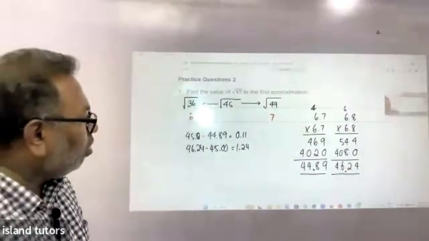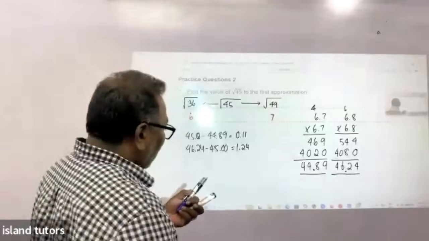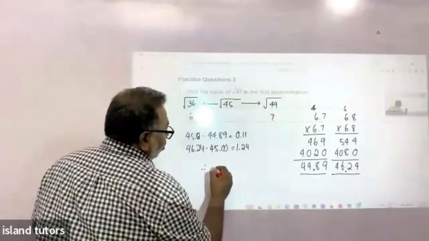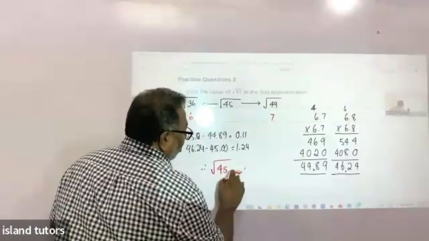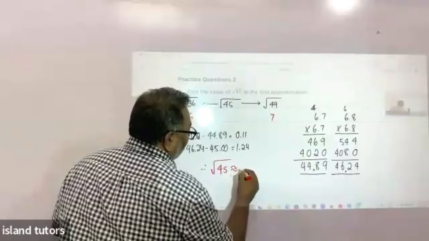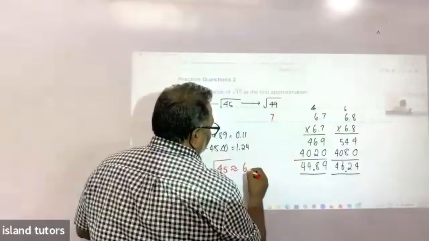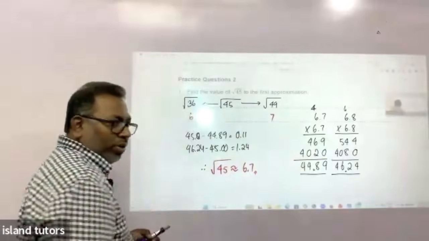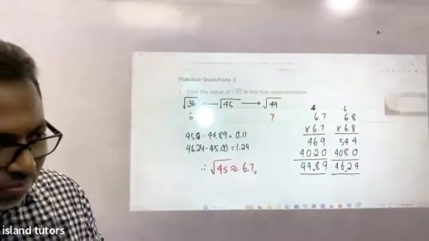So then which one is the closer value? 6.7. So then your answer therefore is square root of 45 is approximately 6.7. That should be your answer for this question.